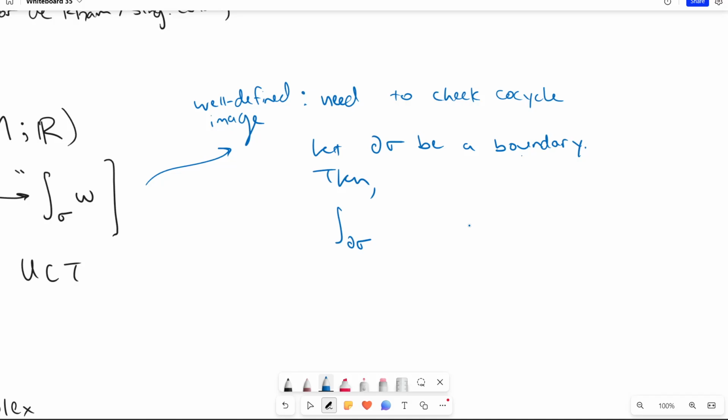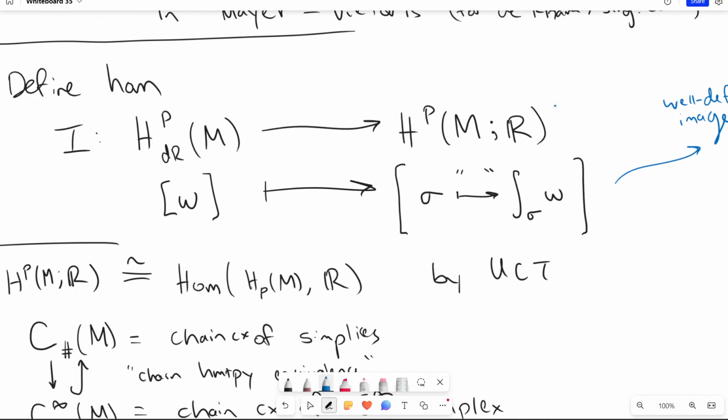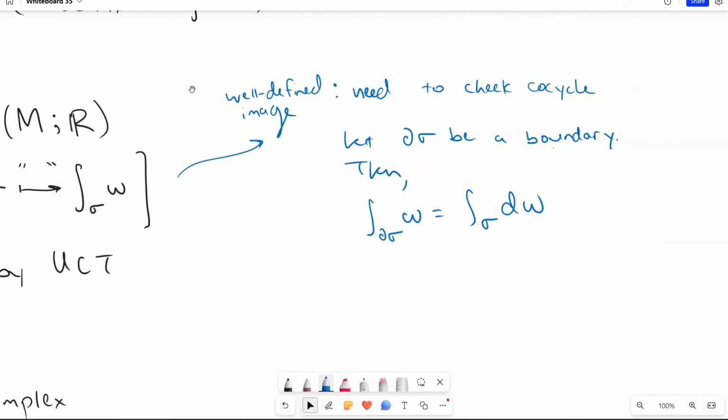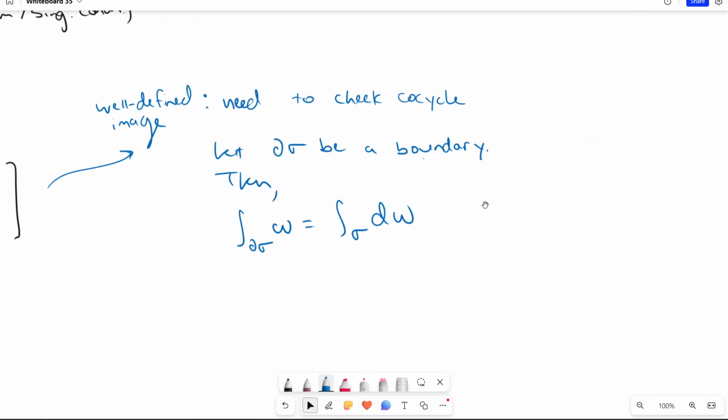You prove it using Stokes' theorem for manifolds with corners. It will be the integral over sigma of d omega. And since omega represents an element of the de Rham cohomology, we're assuming omega in the first place is a closed form. So this is the integral over sigma of 0, which is just 0. So indeed, we get a cocycle.